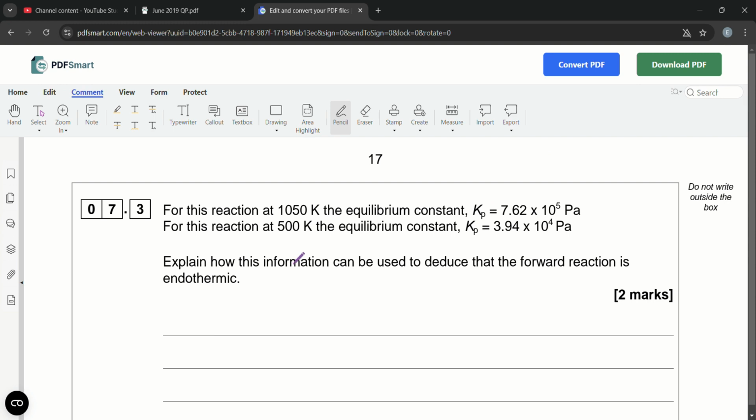And then 7.3 says, for this reaction at 1050 Kelvin, the equilibrium constant Kp is that. For this reaction at 500 Kelvin, the equilibrium constant Kp is this. What can we notice between these two? Well, the Kp value has gotten smaller. Explain how this information can be used to deduce that the forward reaction is endothermic.